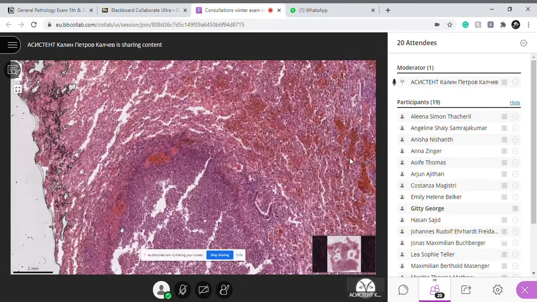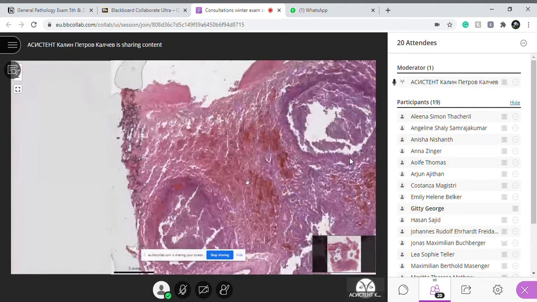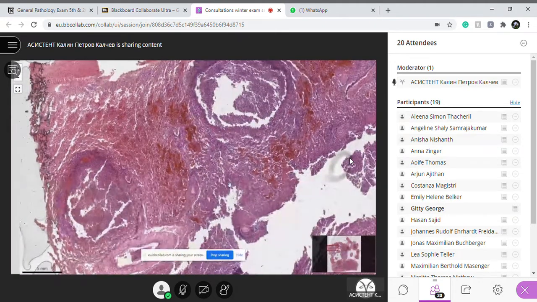That means that this is a fresh abscess. And as we have a lung with multiple abscesses, we can define this as abscedating pneumonia. Is that clear? Do you need to know something more about this slide?